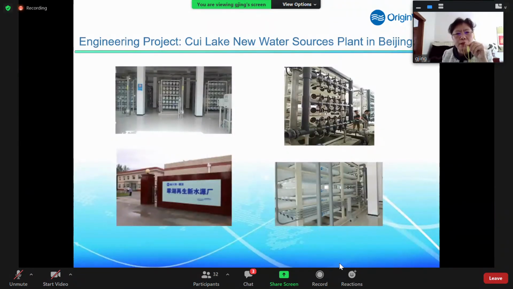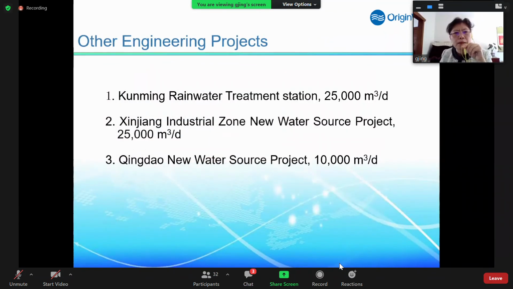Here is the picture of Tree Lake, a new water source plant in Beijing. Other engineering projects we do for new water source include the Kunming area, Xinjiang area, and Qingdao area. They are all really concerned about new water source for the local water supply.